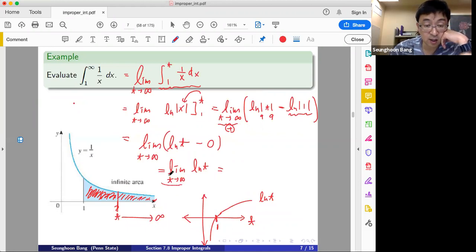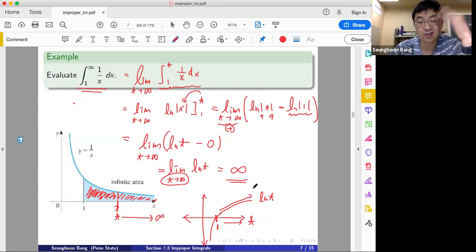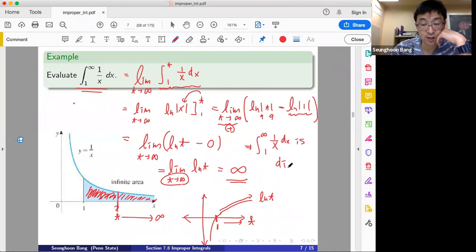As the t value approaches infinity, the corresponding ln function is going up, going to positive infinity. So what does it mean? The limit does not exist. It's right. The answer is that the integral from 1 to infinity of 1 over x dx is divergent. This is the answer.